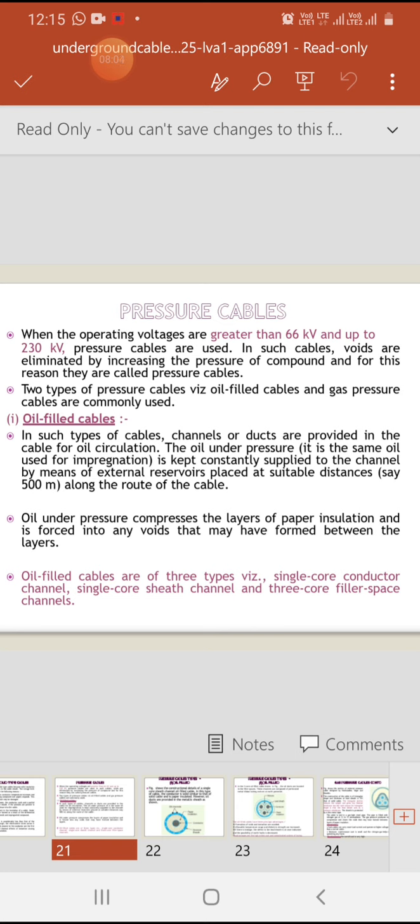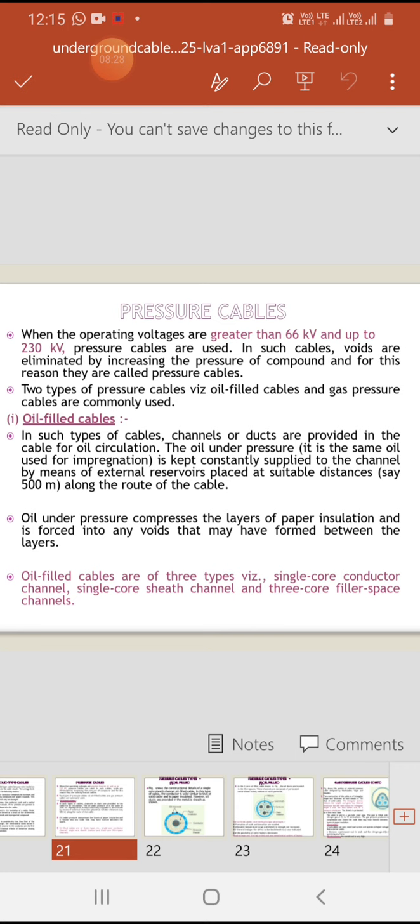When I am discussing oil filled cable, in this type of cables, channels or ducts are provided in the cable for oil circulation. The oil under pressure is kept constantly supplied to the channel by means of external reservoirs placed at suitable distances along the route of the cable.